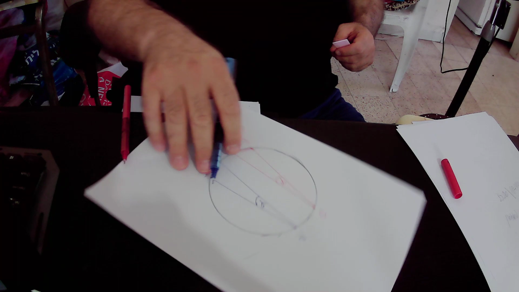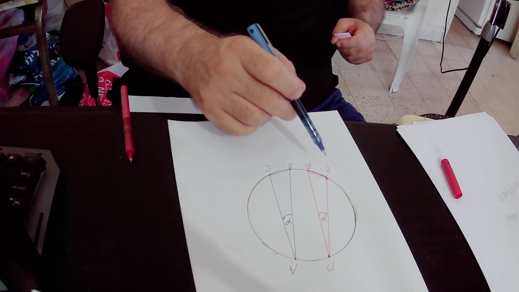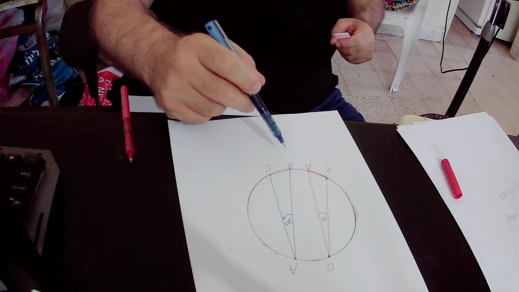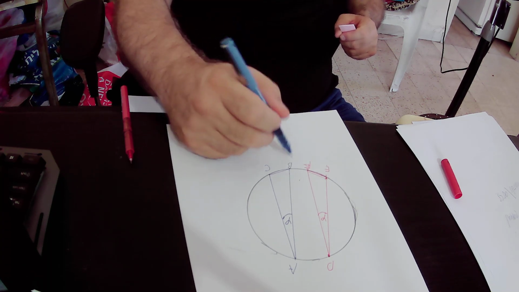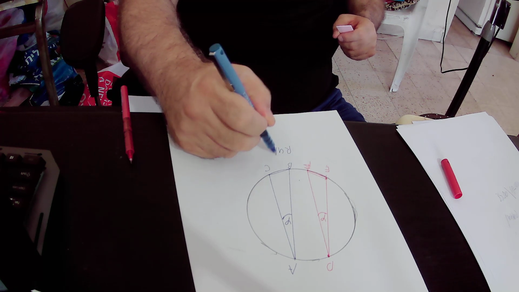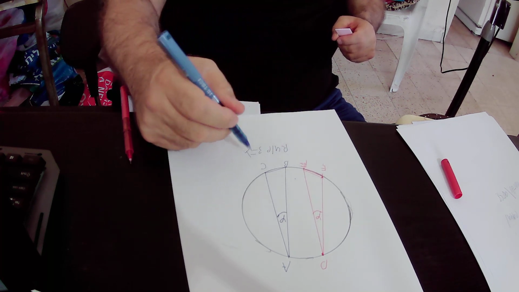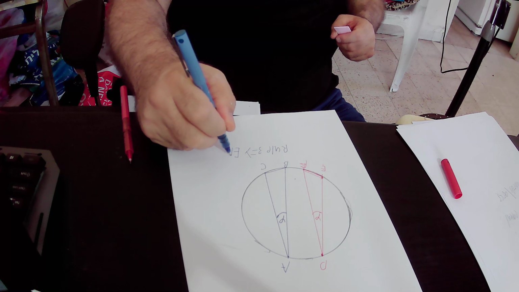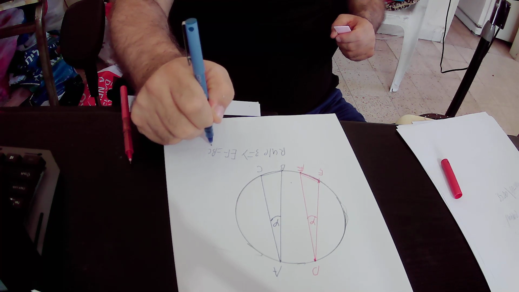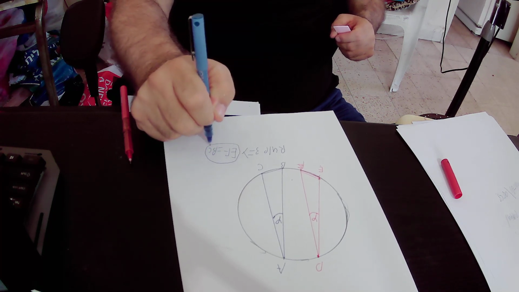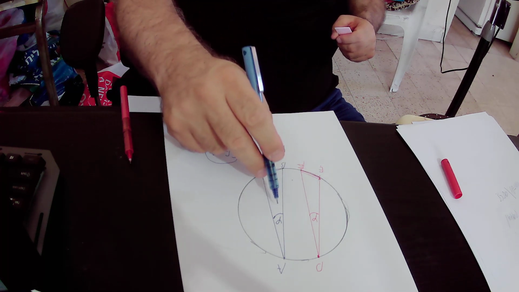Okay, so I write it down. Because angle EDF equals alpha and angle BCA also equals alpha, we can deduce from rule number 3 that chord EF equals chord BC, because this angle equals this angle.